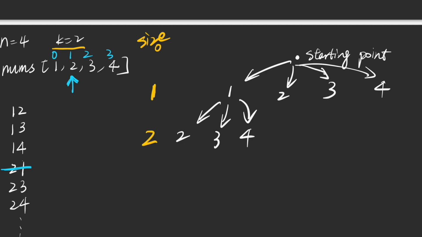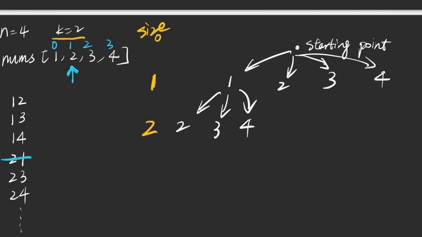So it means that in our outer loop, if the sublist size meets 2, right?